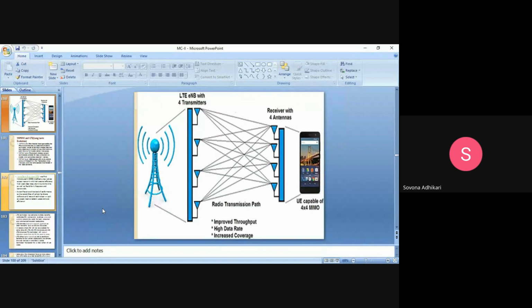And you see the radio transmission path: each transmitter is connected to four receivers, and similarly each receiver is connected to the four transmitters.